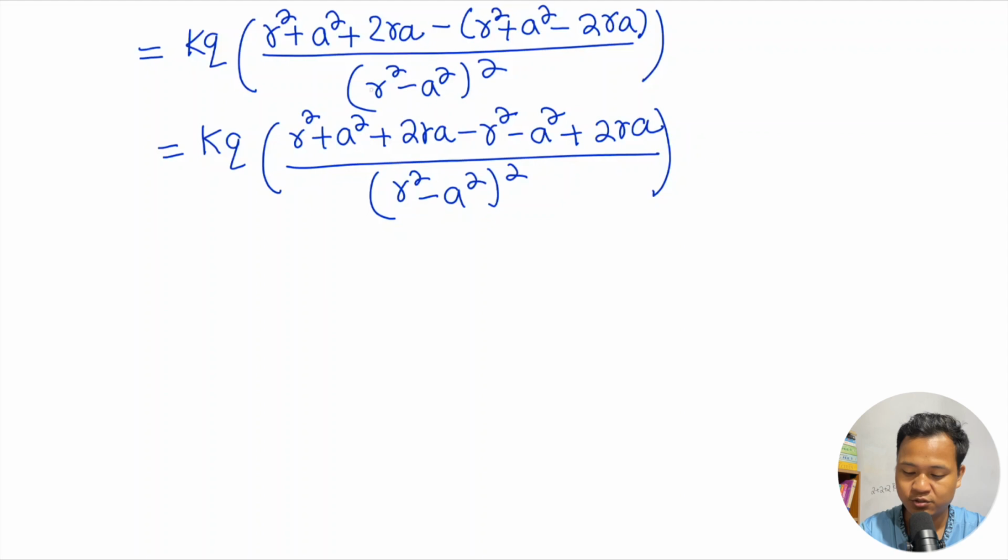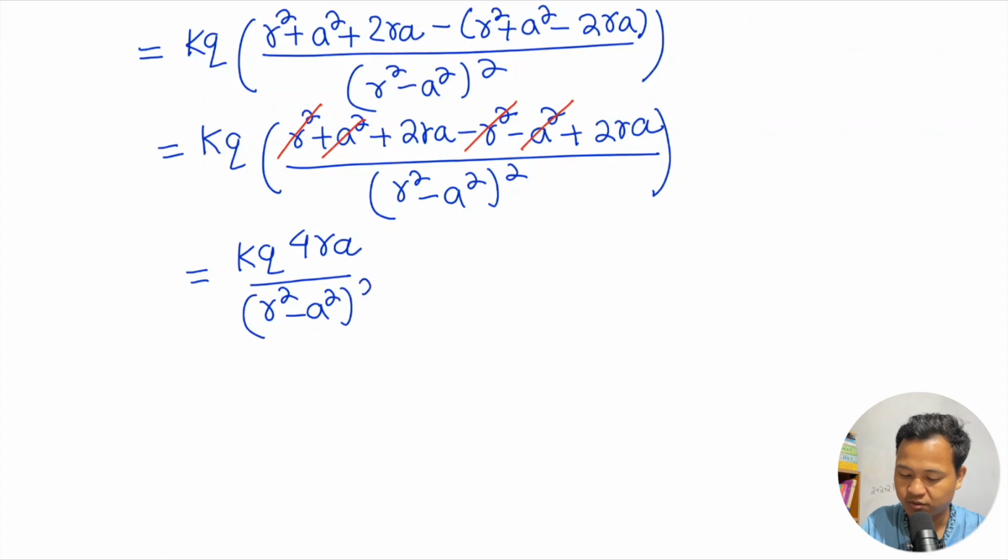Solving, R square gets cancelled with R square, A square cancels with A square. Remaining, KQ into 2 plus 2, that is 4RA, divided by R square minus A square the whole square.